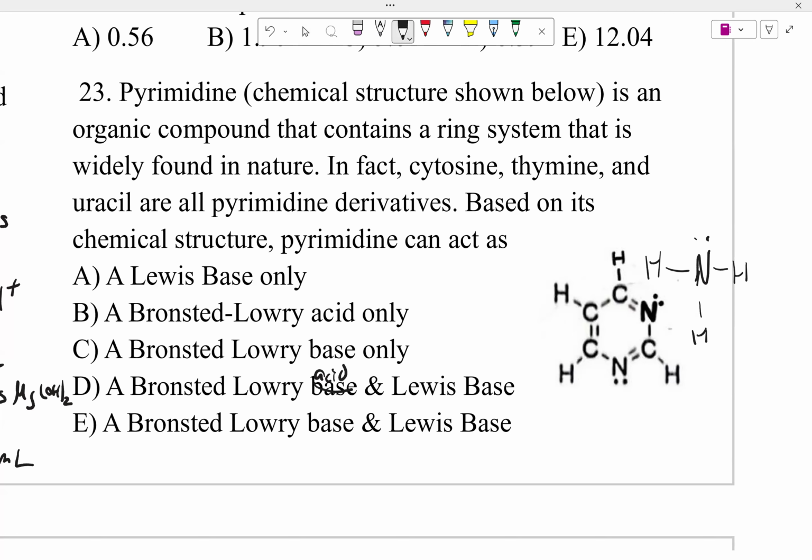That lone pair can act as a Lewis base, and it also can act as a Bronsted base, because that lone pair can accept a hydrogen. That's why the answer in this case would be E. Even though there are hydrogens connected to the carbon like this, it's not really going to donate that hydrogen, because that's not an example we saw in class where a carbon directly attached to hydrogen will donate it.